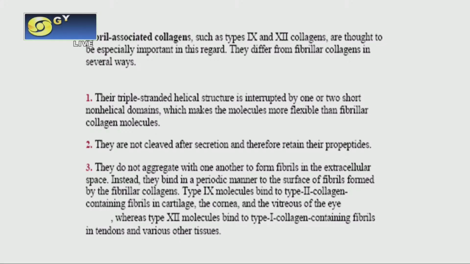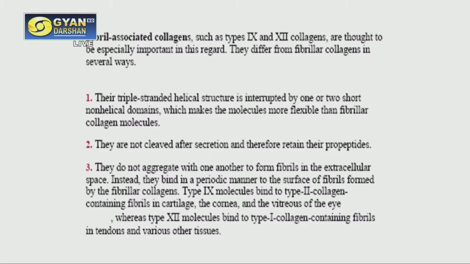That is, as I said, the tropocollagen, which after maturation gets converted to the collagen. Number 3, they do not aggregate with one another to form fibrils in the extracellular space. Instead, they bind in a periodic manner to the surface of the fibrils formed by the fibrillar collagen.